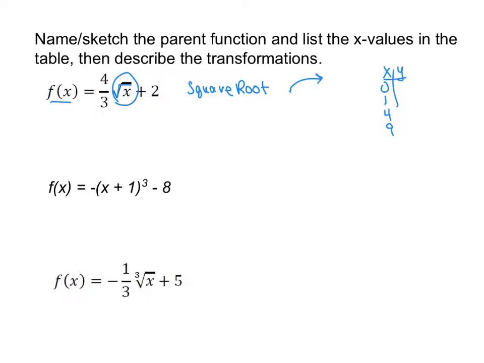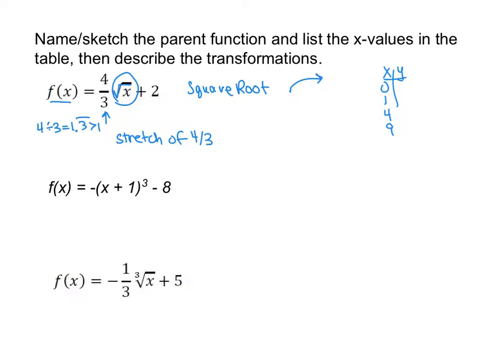Now today we're going to apply the transformations or describe the transformations. So 4 over 3, if I plug in 4 divided by 3 in my calculator, I get 1.3 repeating, which is definitely bigger than 1. So that is going to be a stretch. So we're going to write a stretch of 4/3.